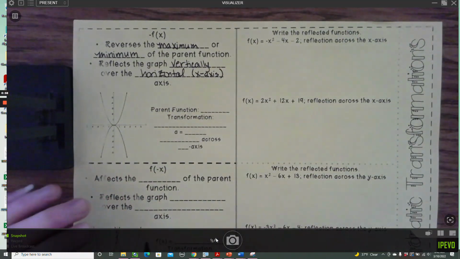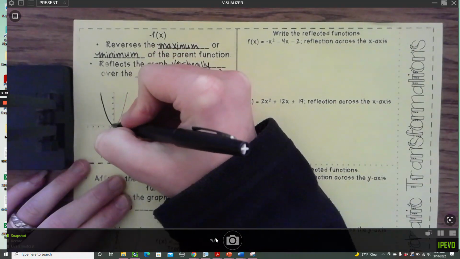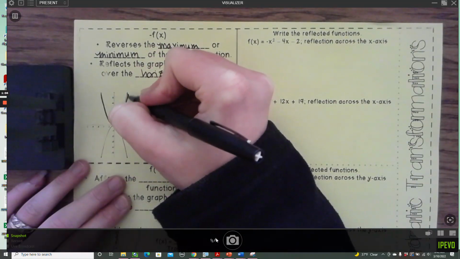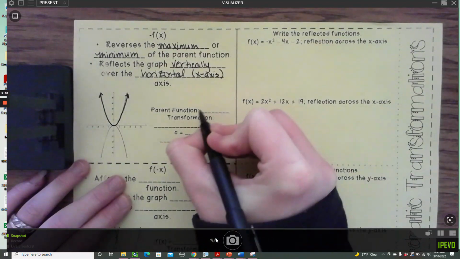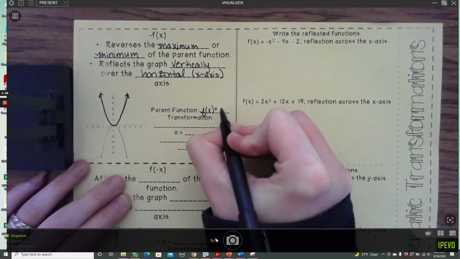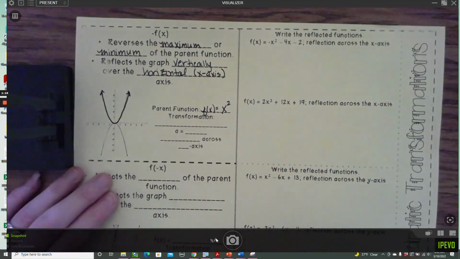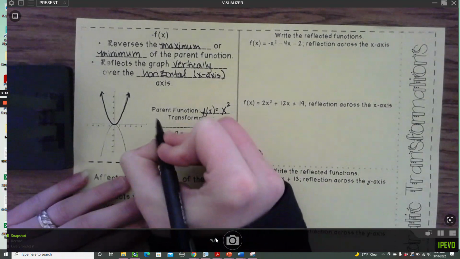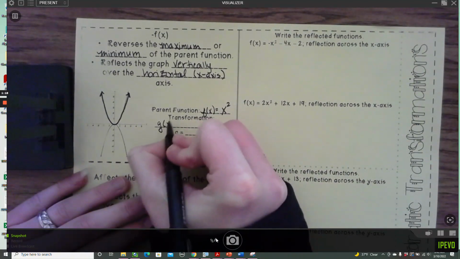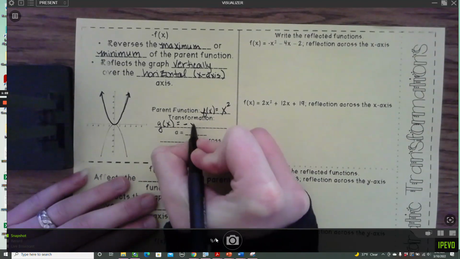All right, so our parent function in this one is the same one we've been using for the rest of these. It's this one here, and it's f of x equals x squared. So if I want to transform this, if I want to flip it over the x-axis, my new function, my transformation, would be g of x equals negative x squared.